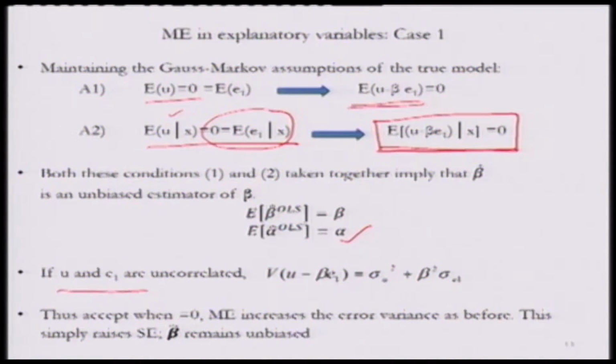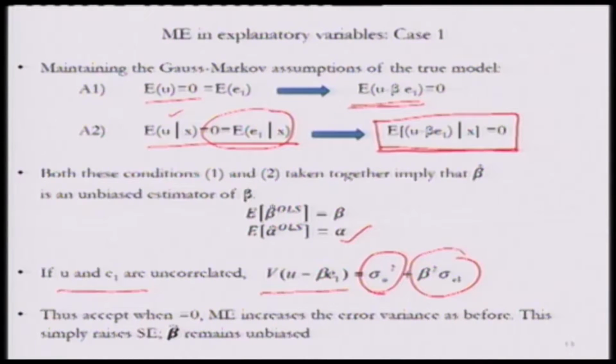Further, if u and E1 are not correlated between themselves, which is what we maintained in all the cases that we discussed, then the variance of the new error term has an additional term in there, which is different from the true model.